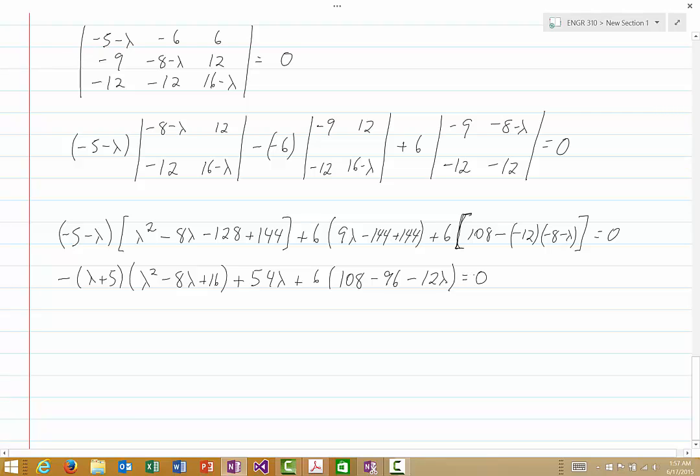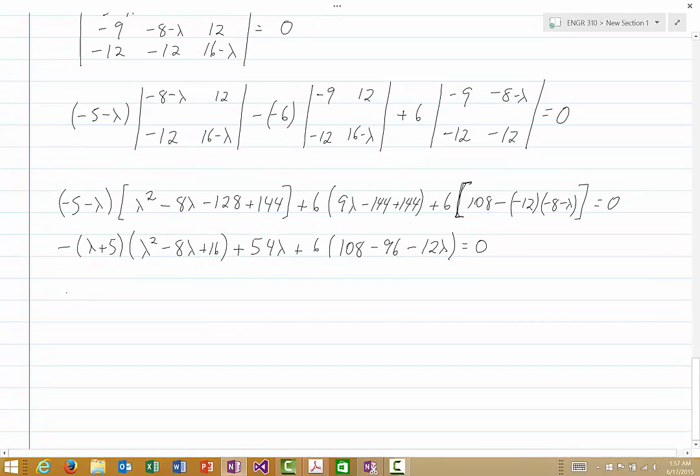And this is equal to 0. So now we're going to get minus lambda cubed minus 8 lambda squared plus 16 lambda plus 5 lambda squared minus 40 lambda plus 80 plus 54 lambda plus 6 times 8 minus 12 lambda equals 0.